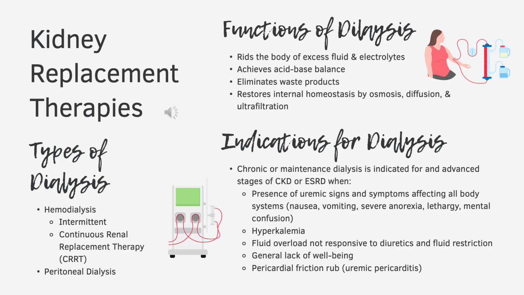This is used, again, for really serious things like if someone's got acute kidney problems that intermittent dialysis isn't going to fix. Another option is peritoneal dialysis, and this is where we use the peritoneal membrane to filter waste and excess fluids. And we'll talk about each one of these a little bit deeper on the next few slides.